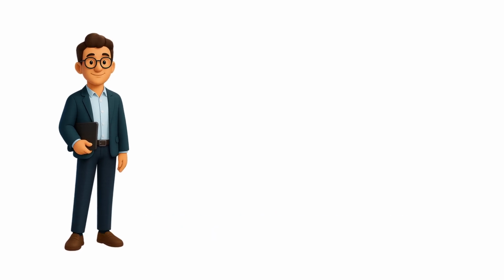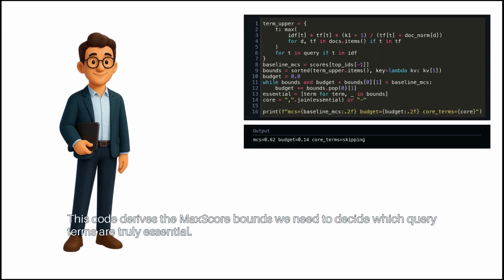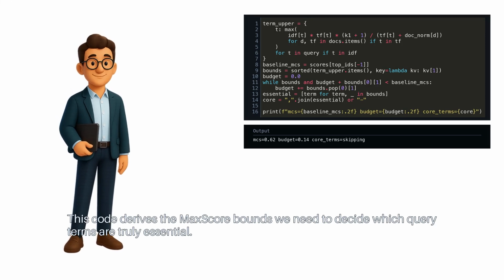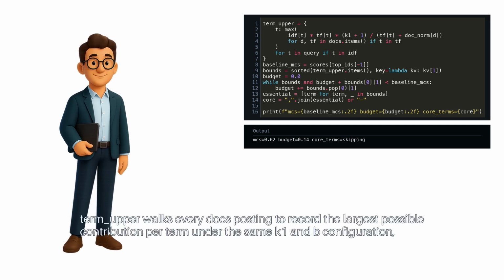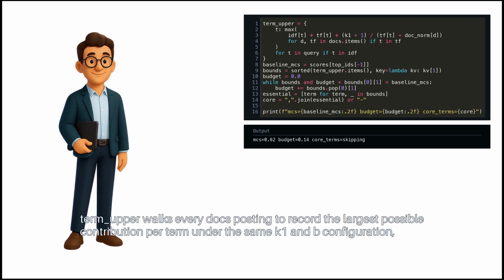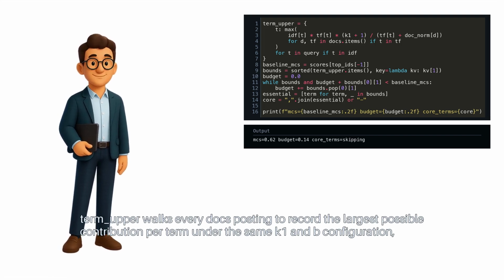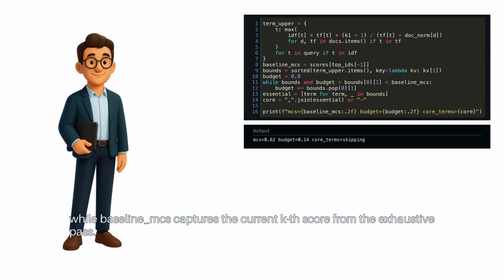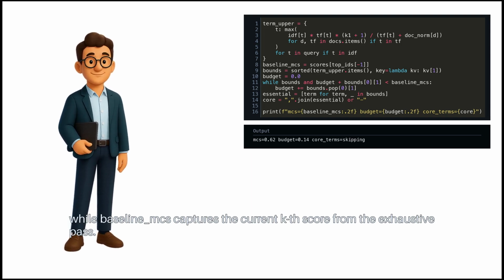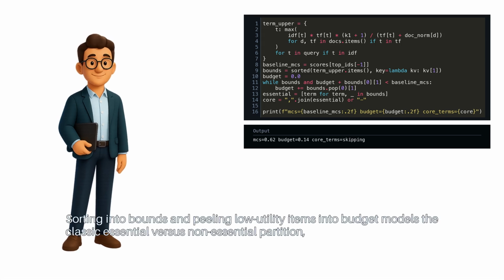This code derives the MaxScore bounds we need to decide which query terms are truly essential. Term upper walks every doc's posting to record the largest possible contribution per term under the same K1 and B configuration, while baseline MCS captures the current Kth score from the exhaustive pass, sorting into bounds, and peeling low utility items into budget models.